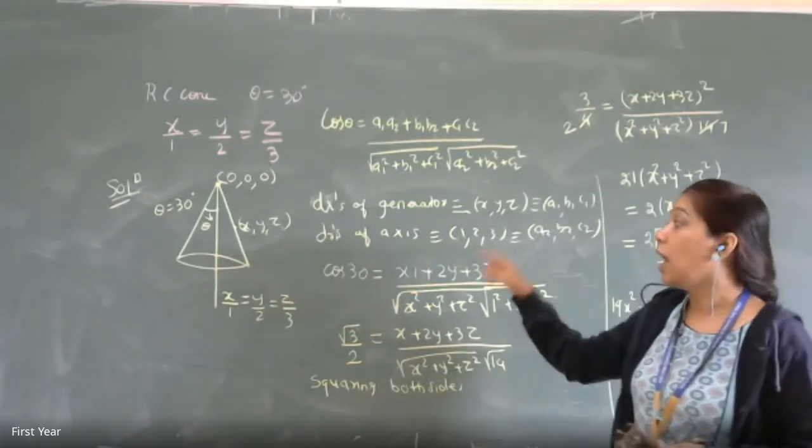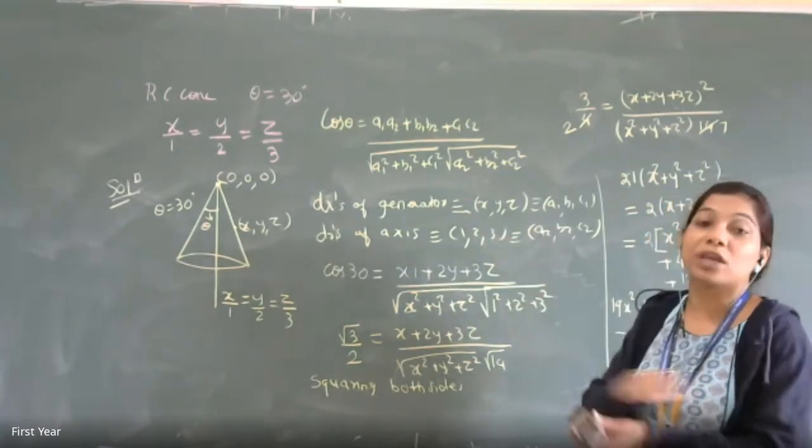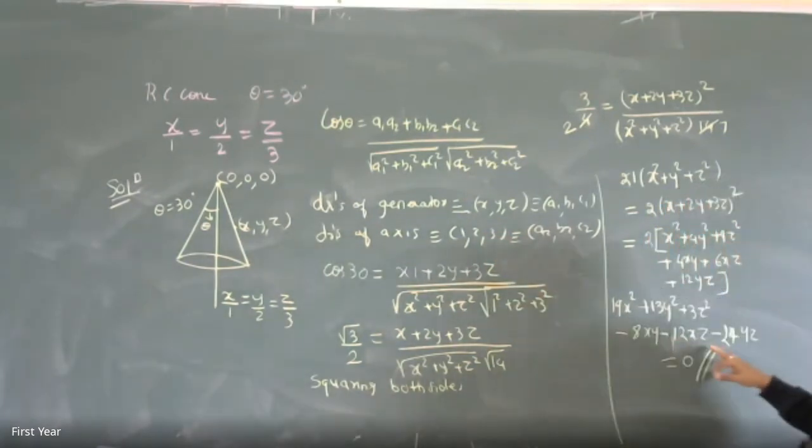But since x minus 0, y minus 0, z minus 0 gives no constant term, we get a homogeneous equation of degree 2 whenever the vertex is the origin. Is that clear? Yes, ma'am.